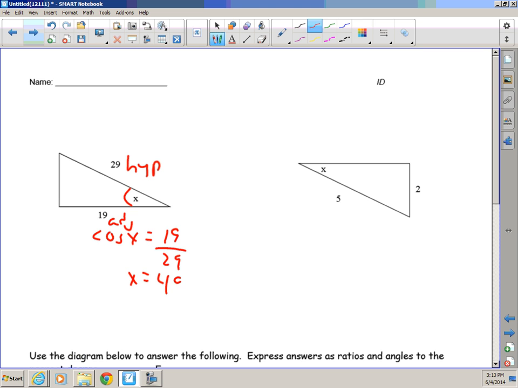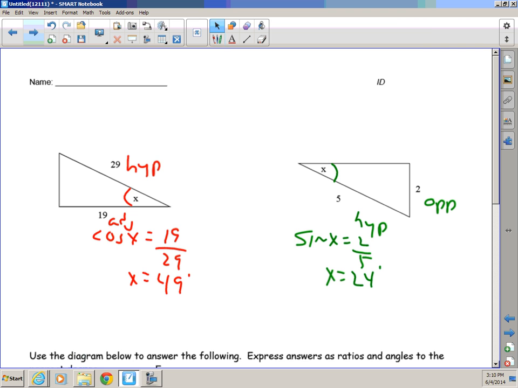X is 49 degrees. And then opposite, hypotenuse, sine of x is equal to 2/5. X is 24 degrees.